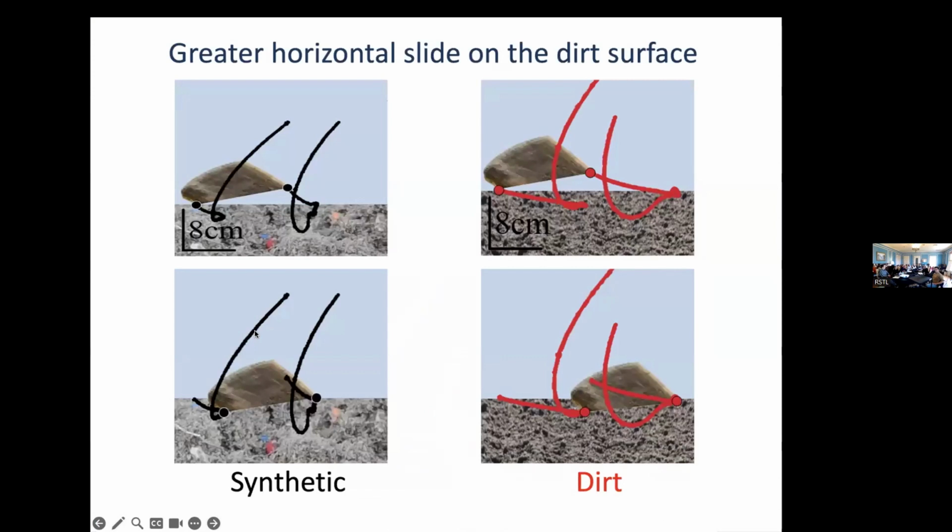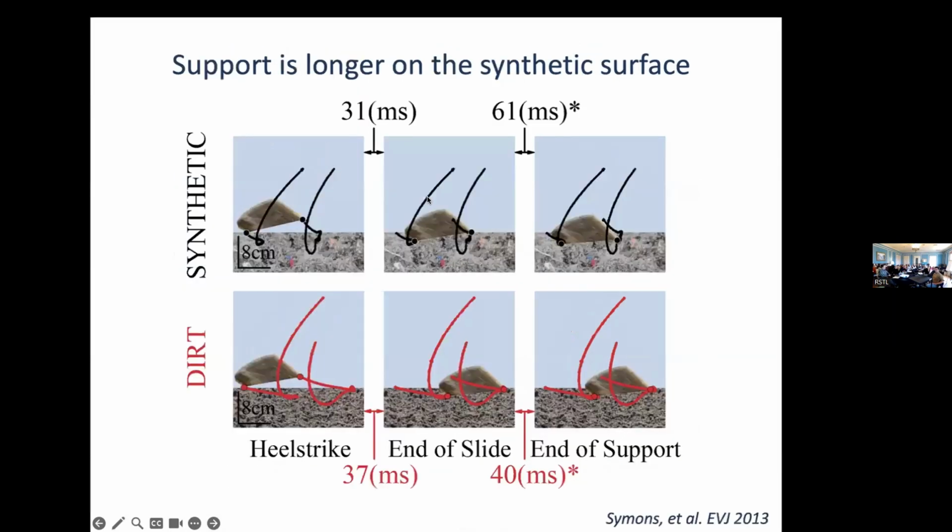And we know there are marked differences in how the hoof interacts with the surface. In this instance, what we probably all already relate to is that the synthetic surface is much grabbier. The hoof moves a lot less in the surface than on the dirt surface. It affects the support phase, so that the support is much longer on the synthetic surface.